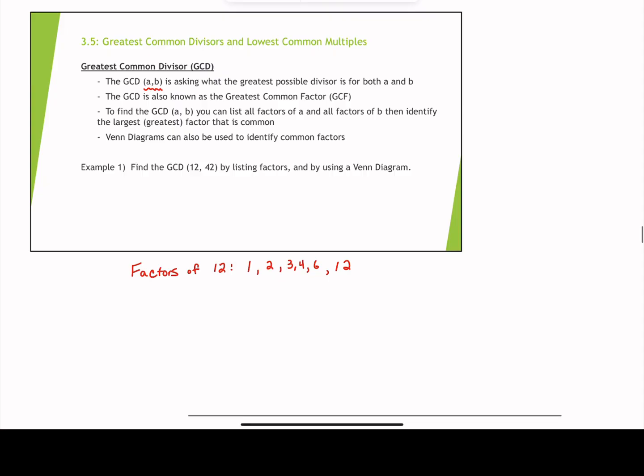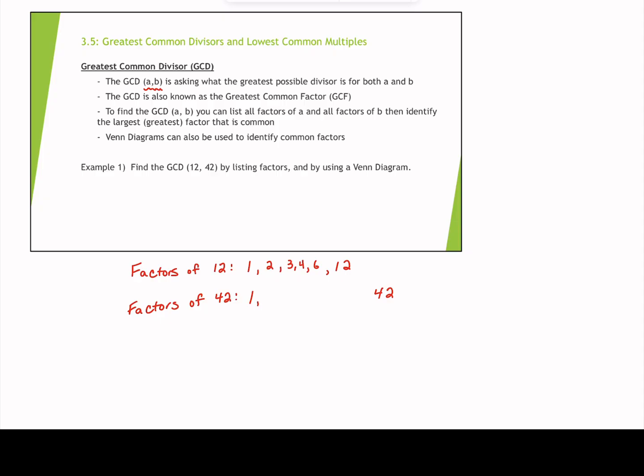We want to do the same thing for all factors of 42 as well. This gets to be a little bit more difficult because 42 is a slightly larger number. If you need to take a moment to think about what the factors of 42 are, please pause now. I know that 1 times 42 gives us 42.